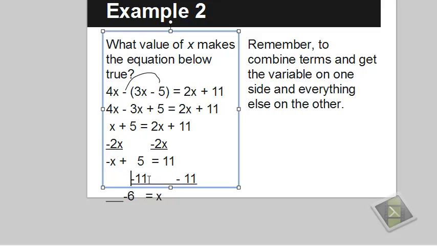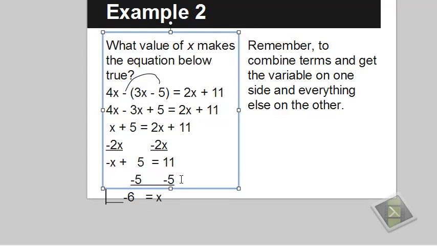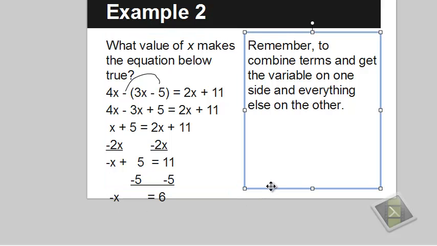Then to move things out of here, I move out my 5. Then my next answer would be a negative x equal to 6. And then you have to get rid of your negative sign. You're still going to have to flip everything, and you're still going to end up with x equal to negative 6.